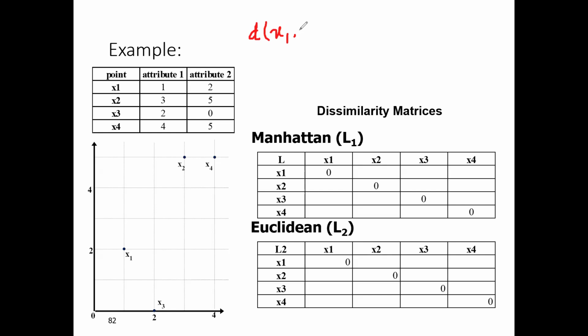In Manhattan, we take the absolute values of the differences, so that means 1 minus 3 plus 2 minus 5. 1 minus 3 is minus 2, absolute value is 2, plus 2 minus 5, that is minus 3, absolute value is 3.